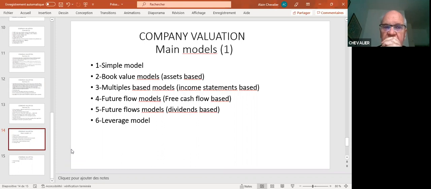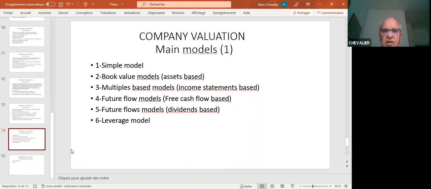Price is never an arithmetical weighted average of values calculated by different methods. I'm trying to explain that very clearly, and if it's not, I will come back to that point later, in the next session.